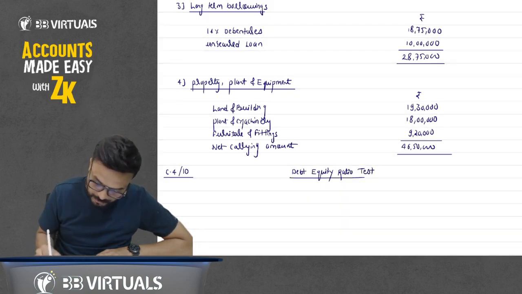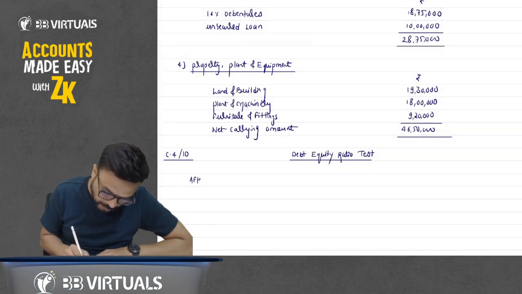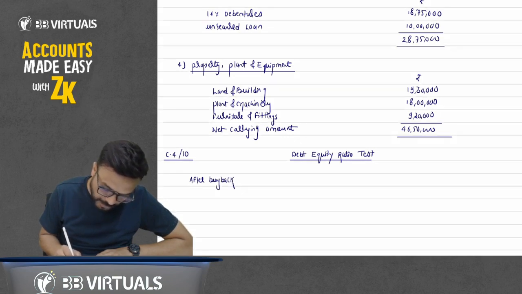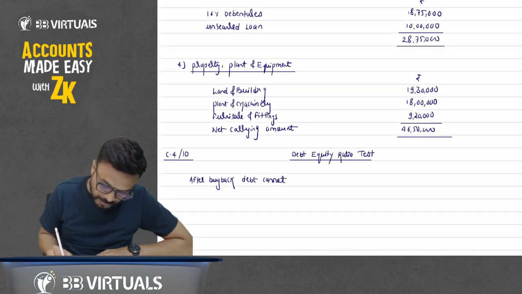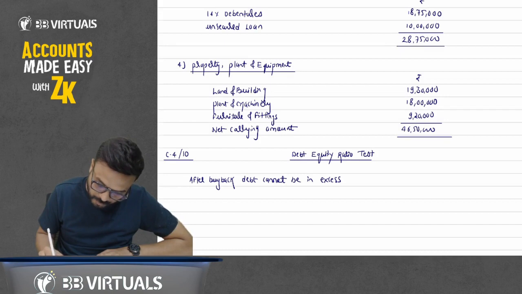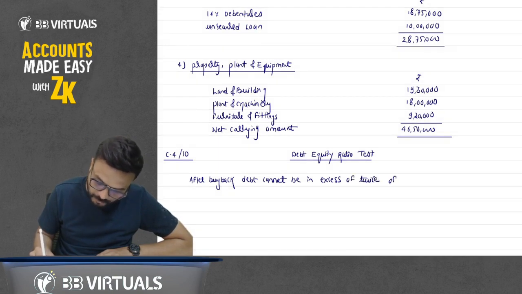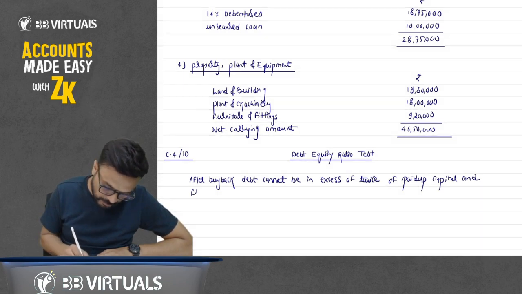Write down there: after buyback, debt cannot be in excess of twice of paid up capital and free reserve.